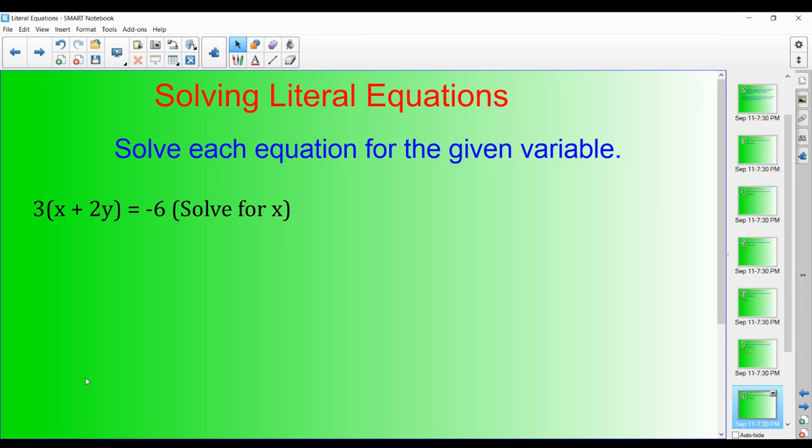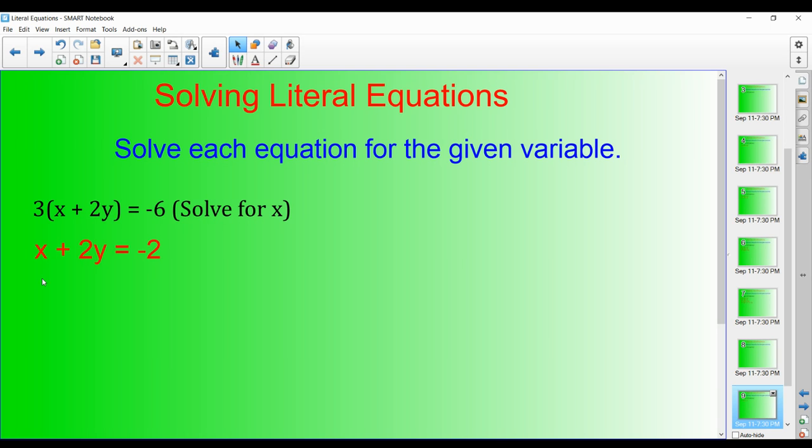So let's take another look at this problem, because there's other ways to attempt it, other ways to isolate the variable. So instead of distribution, many people like to divide the left side and the right side by 3 to get rid of the 3, move the 3 over to start. So if we divide both sides by 3, we have just x plus 2y on the left side, and negative 6 divided by 3 is negative 2.